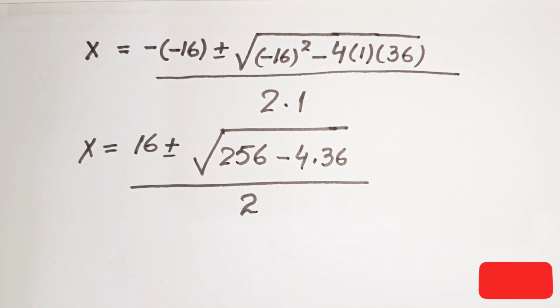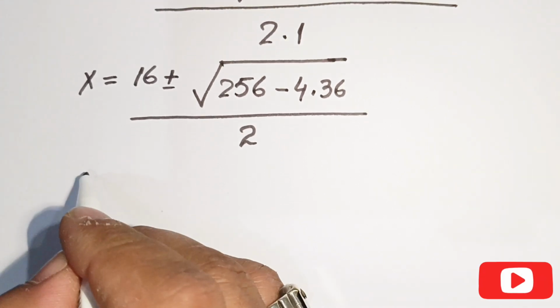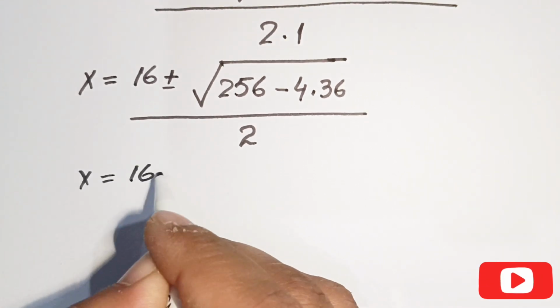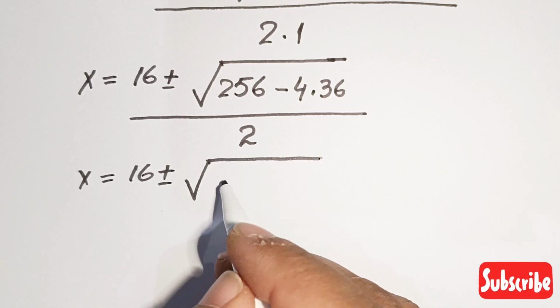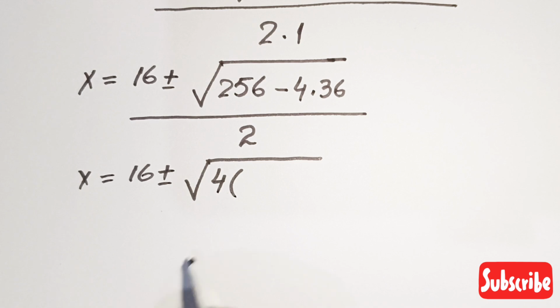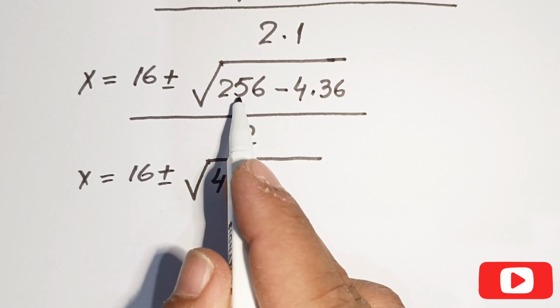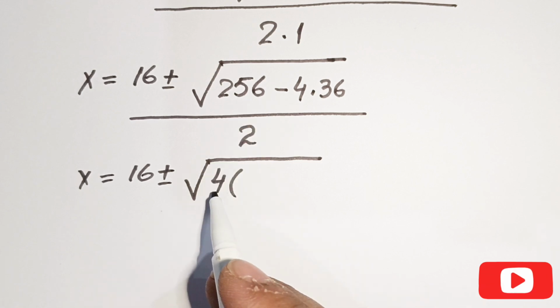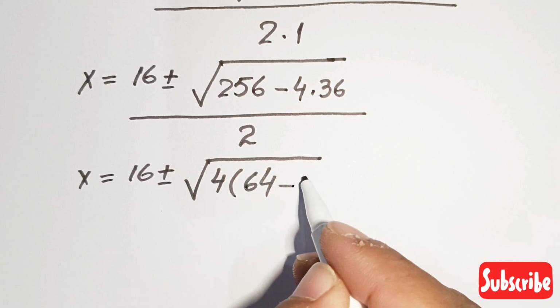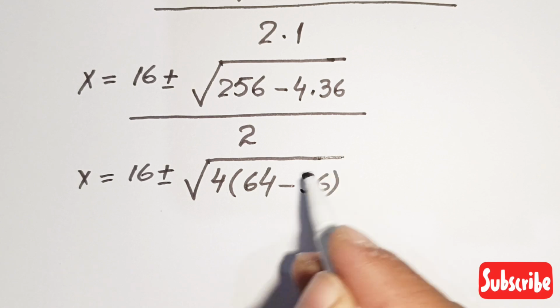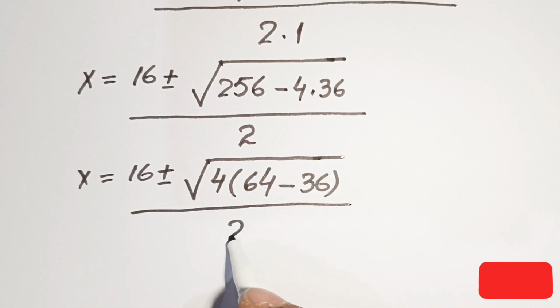So our next step: x is equal to 16 plus minus square root of, if we take 4 as common, we have 4. When we divide 256 by 4, we get 64, and minus 36. So all over 2.